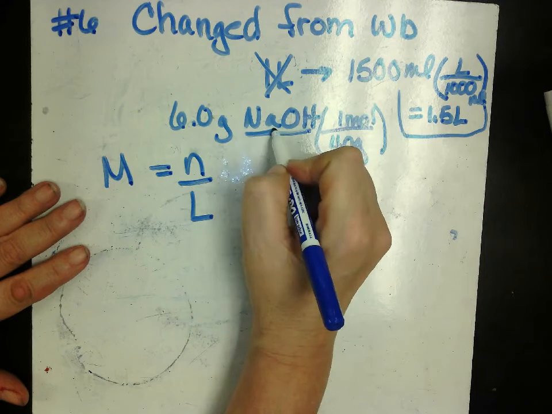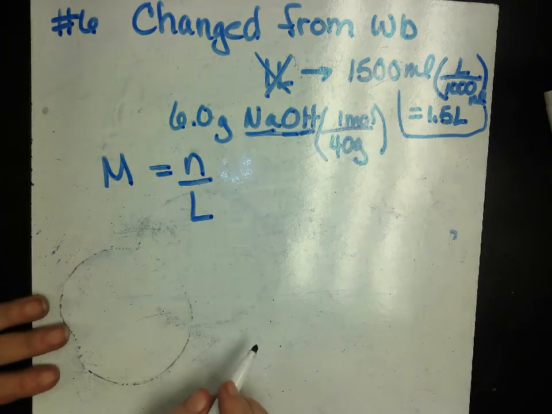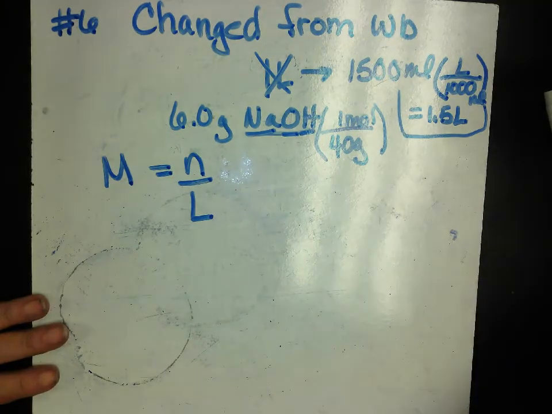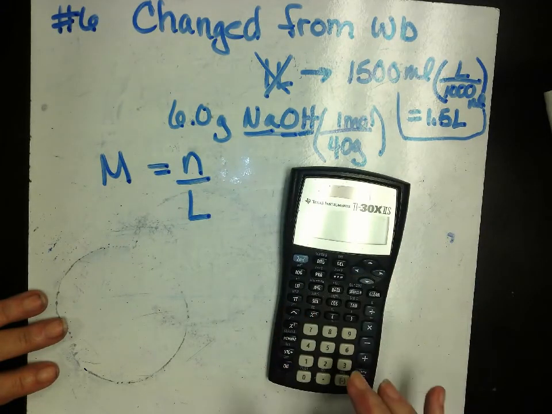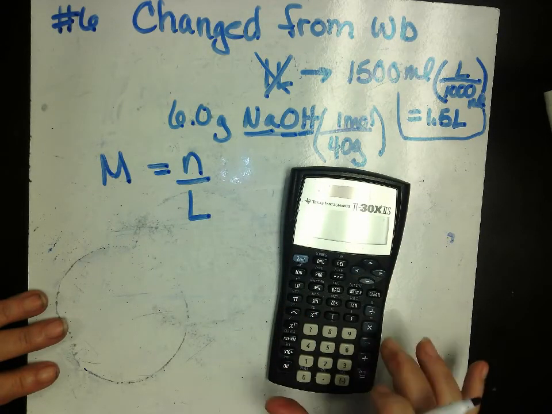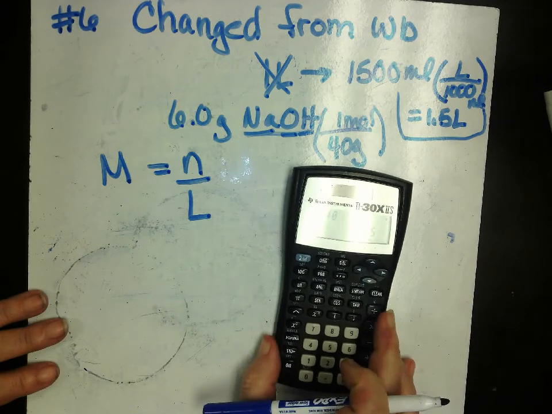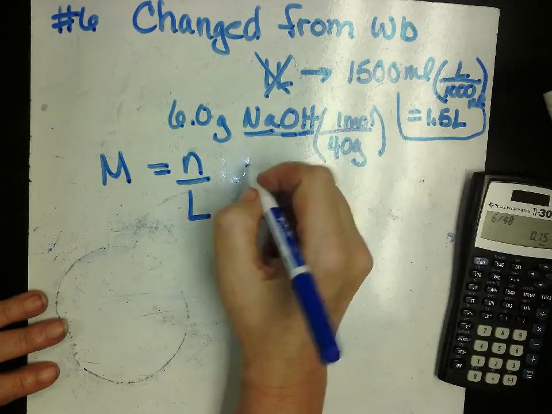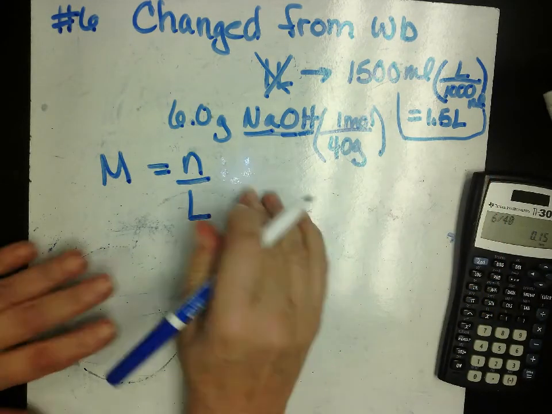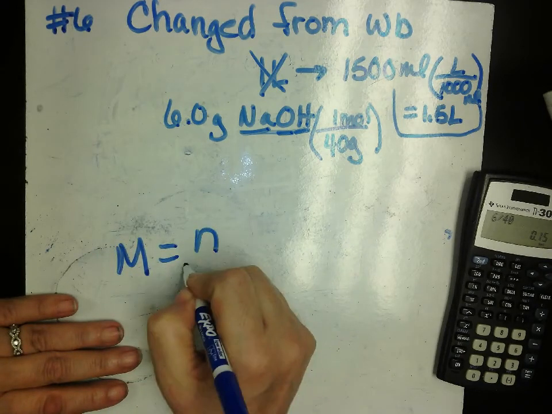Because I added up Na, O, and H to get the molar mass. So 6 divided by 40 equals 0.15.